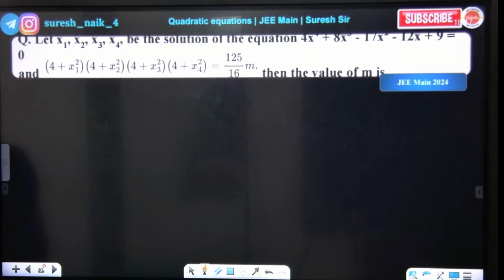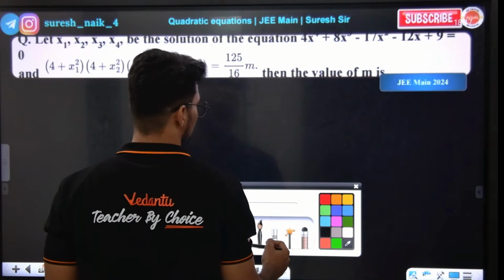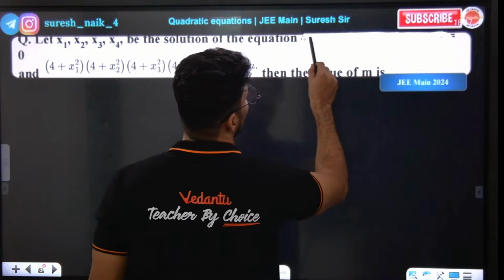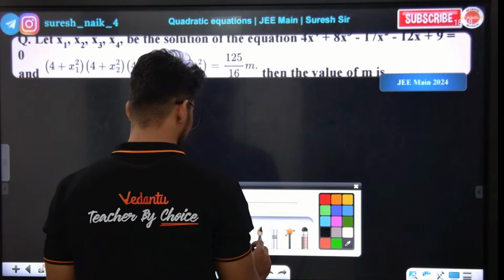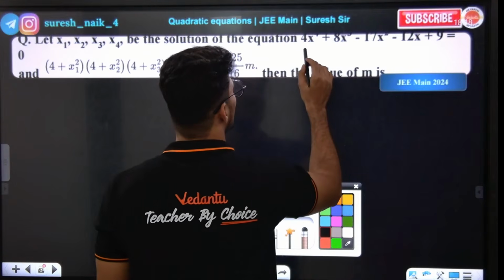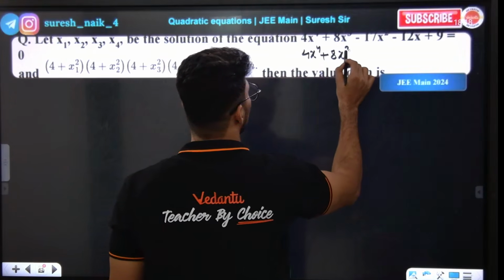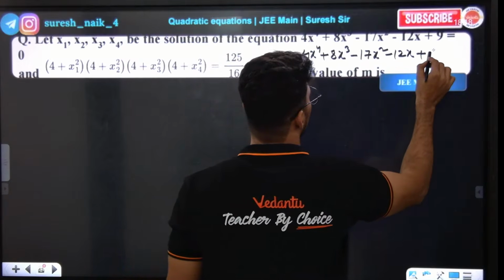Okay, let me write the equation here. 4x to the power of 4 plus 8x cube minus 17x square minus 12x plus 9 is equal to 0.